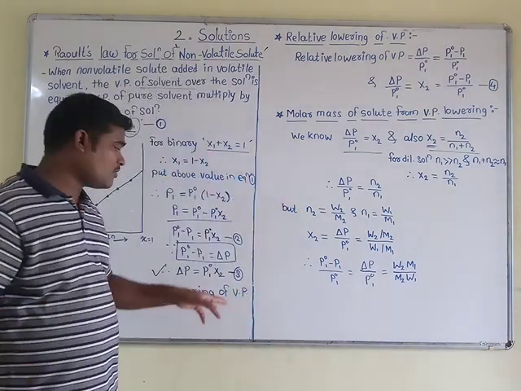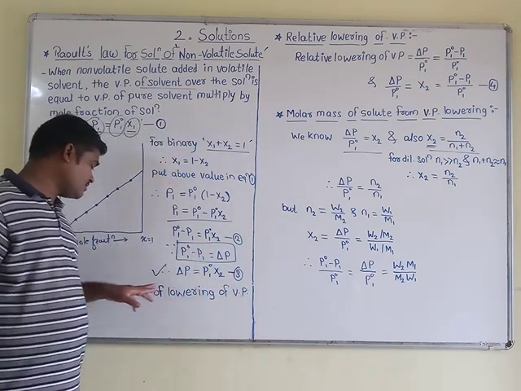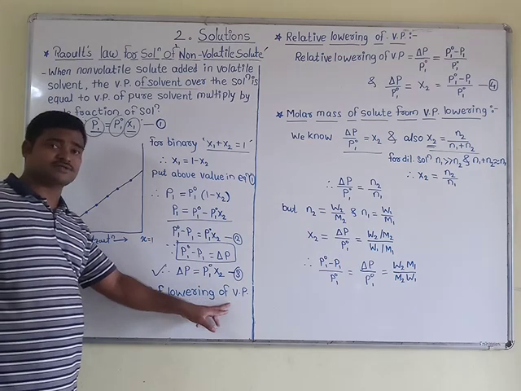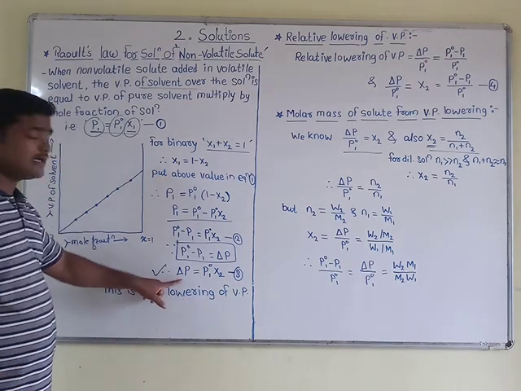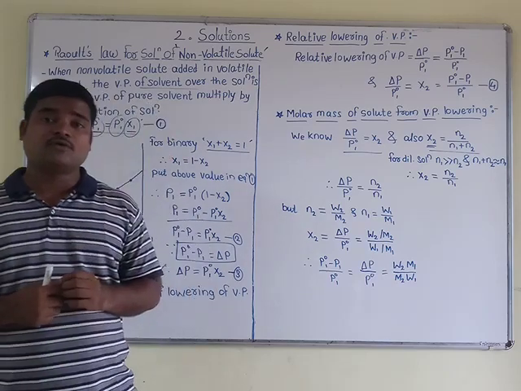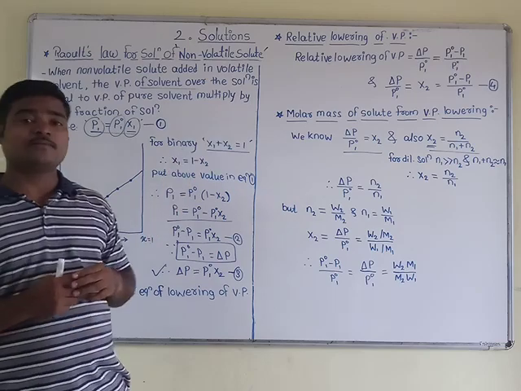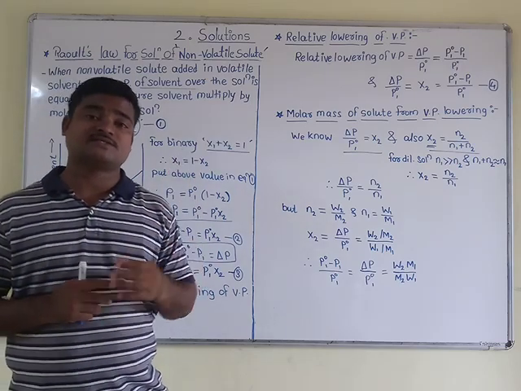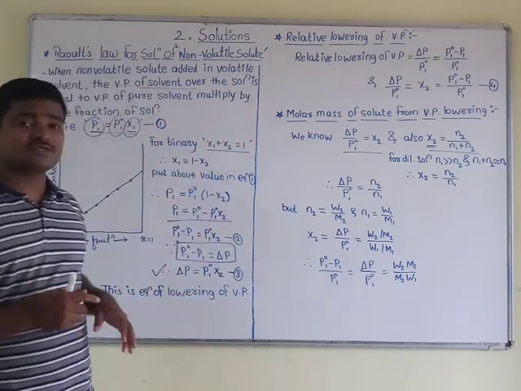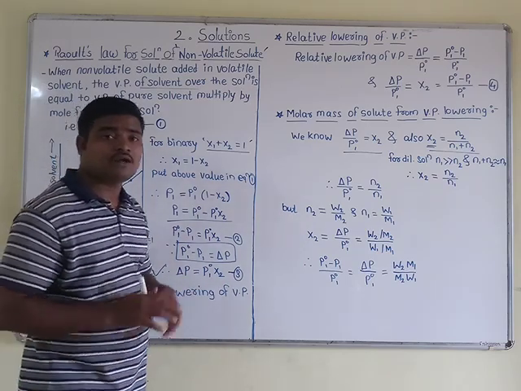I have called it equation number 3. This is nothing but the equation of lowering of vapor pressure, delta P. This equation is helpful for determining the relative lowering of vapor pressure and its relation with molar mass.